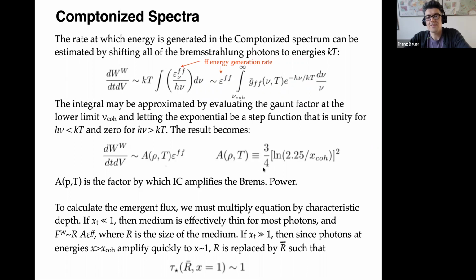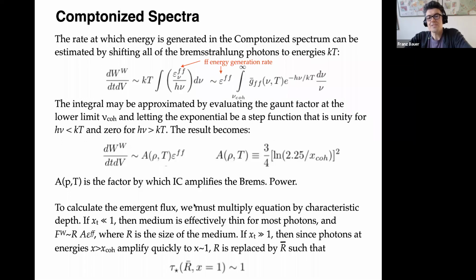This is approximated by the log of this, at the coherent frequency. So this is an amplification factor, which takes the Bremsstrahlung power and dumps it roughly at KT with some total power and amplification.